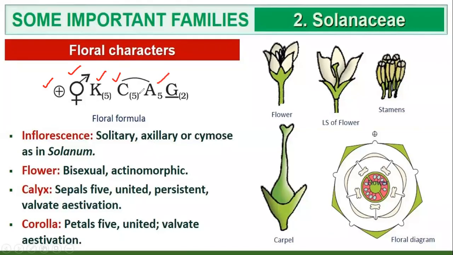Androecium is 5. The corolla and the androecium are fused. Now you might be thinking how the corolla and androecium are fused. So let us take this to be the corolla. On the corolla, you will see the androecium sticking like this. So this is how we can say they are fused. When we talk about gynoecium, there are 2, superior ovary, and all of them are fused together.